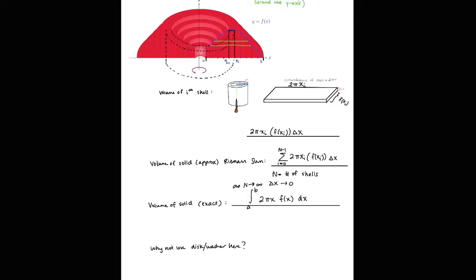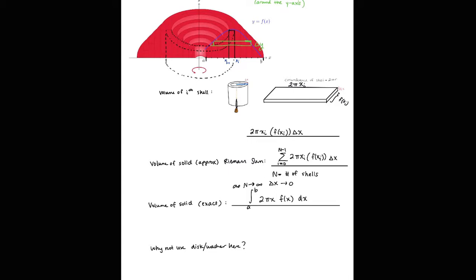It's still probably not obvious as to why this isn't working, because visually, yeah, I can slice it up that way. But think about if someone said, okay, now you need to find out what is the height of these rectangles. First of all, we'd need to work in terms of delta y. So everything needs to be in terms of y.